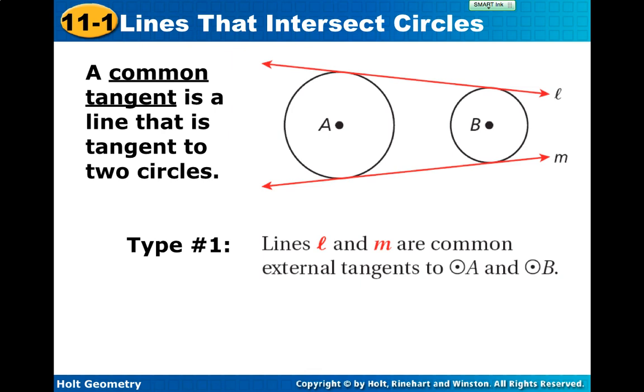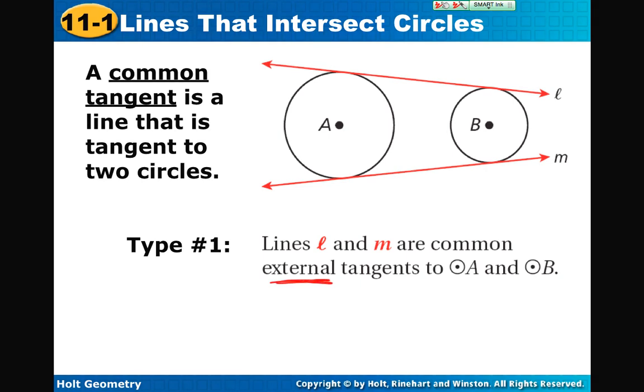So how do I know it's a common external tangent, which will be different from the next screen that I'll show you? Here's how you can tell. Consider the segment that joins center to center. A common external tangent line does not cross that segment from center to center. It does not cross it.